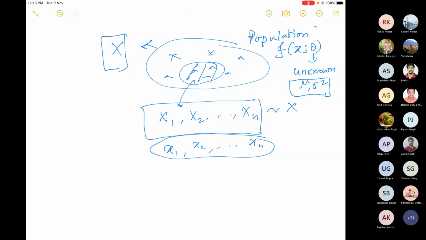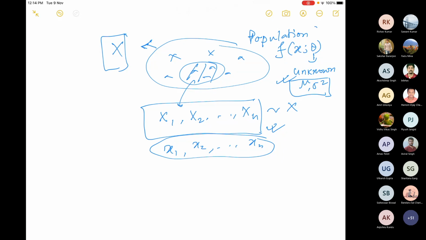Note that even if we do not know whether the population data is obtained from a normal distribution or not, when the sample is large, by the central limit theorem, if n is very, very large, then we can standardize the sample mean x bar, and that will follow a normal distribution. So that we have seen.